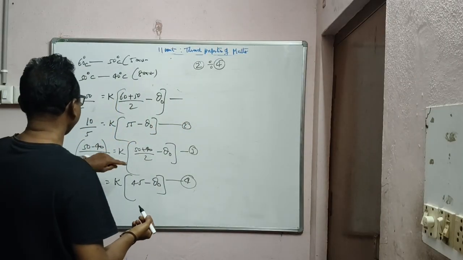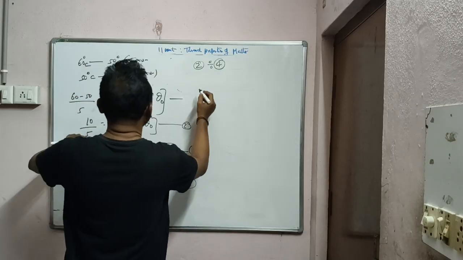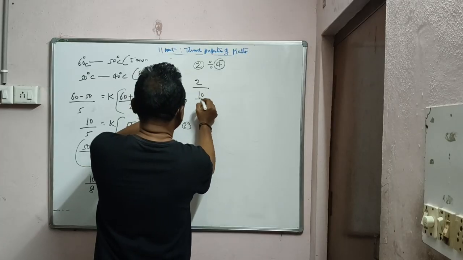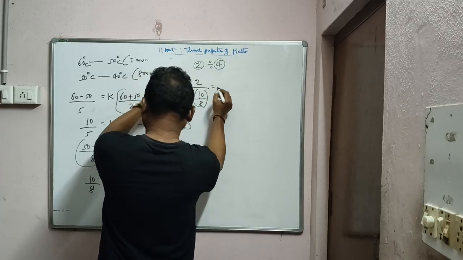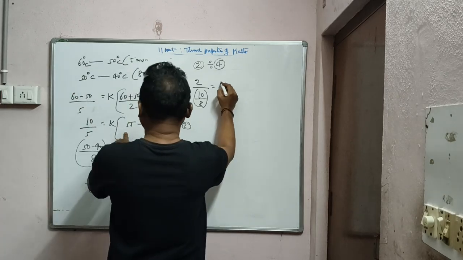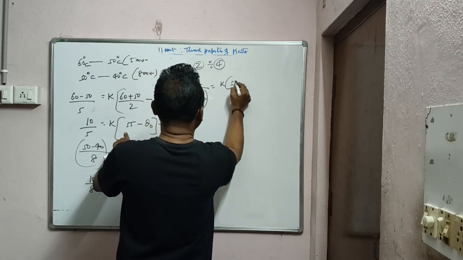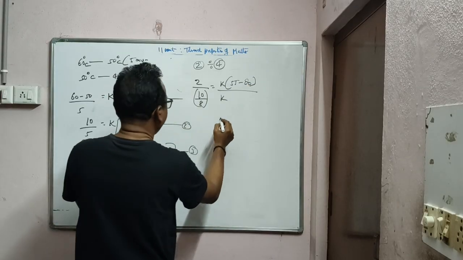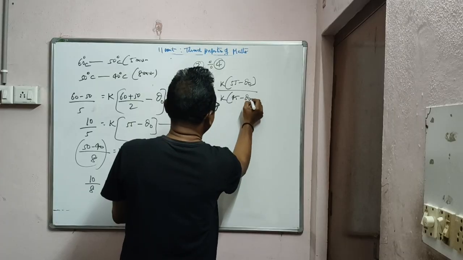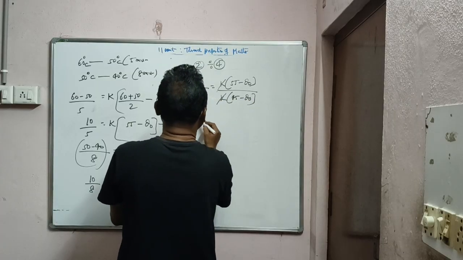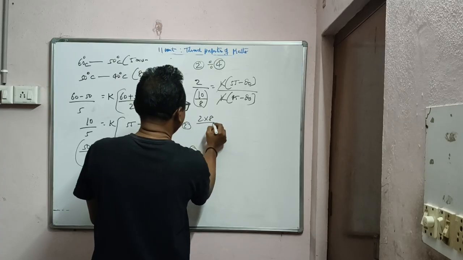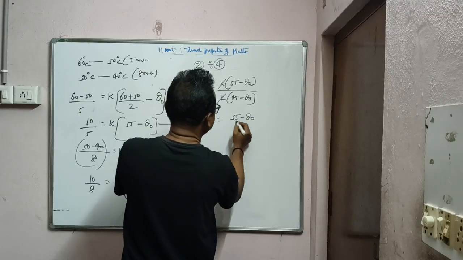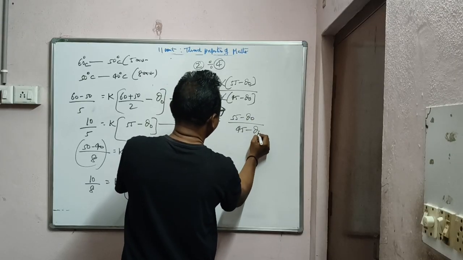So where is the 2, look for it: 10/5 is 2, so 2/(10/8) is equal to k into (55 minus theta 0) by k into (45 minus theta 0). k gets cancelled, this becomes 2 into 8/10, which is equal to (55 minus theta 0) by (45 minus theta 0).